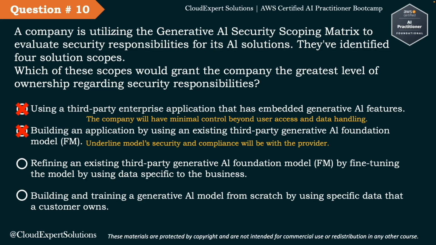Option number 3, refining an existing third-party generative AI foundation model by fine-tuning the model by using data specific to the business. Fine-tuning will increase responsibilities for data handling and model outputs, but core model security and architecture will still belong to the provider. That is why this is also not the correct option.